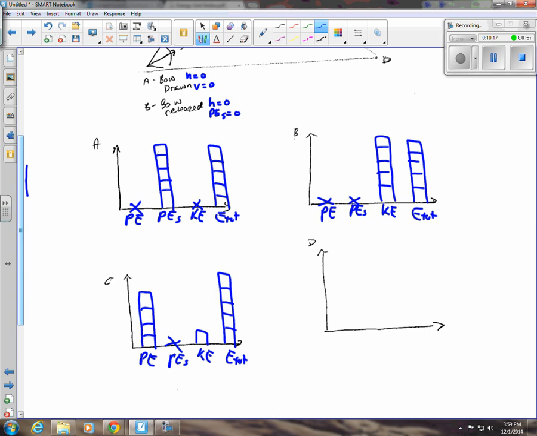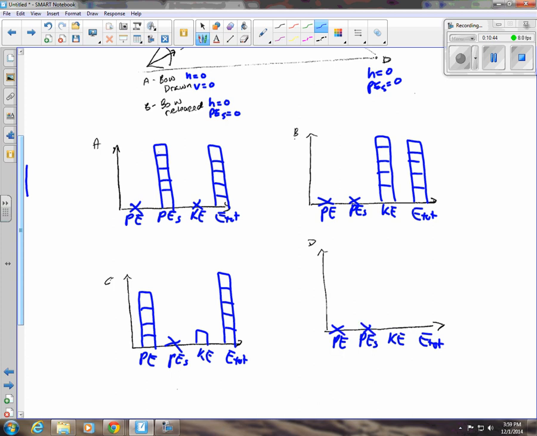And then our last point, point D, is back down towards the ground. All right, we will have a height of 0 here. The string has long since been released, so we have no potential energy. So if we do PE, we have PES, we have KE, and we have total energy. We've just said we have no potential energy because of height 0.